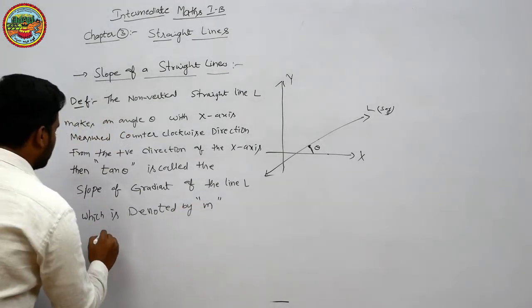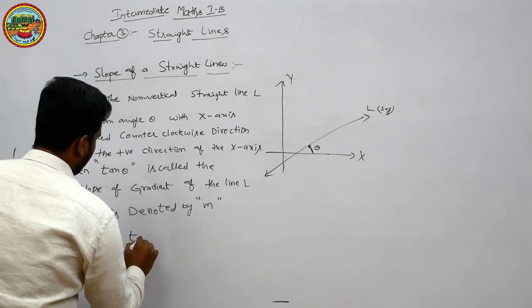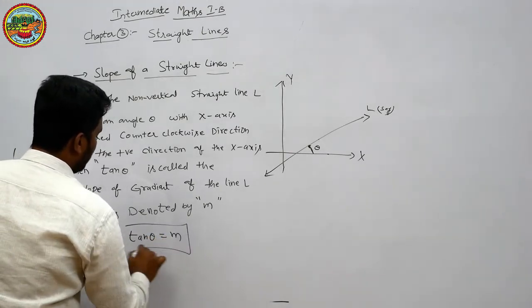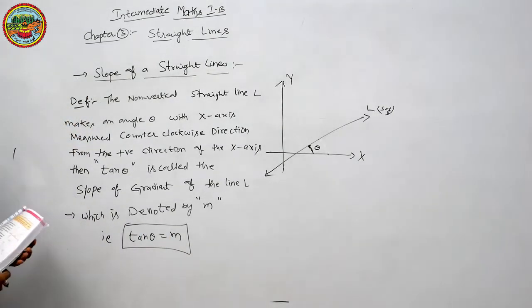That is, tan theta is equal to small m, called the slope of the straight line.